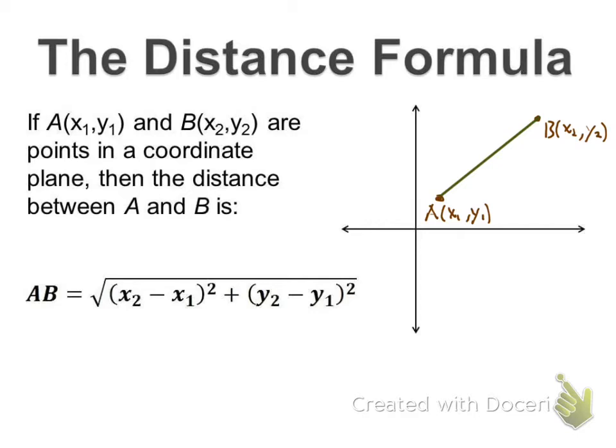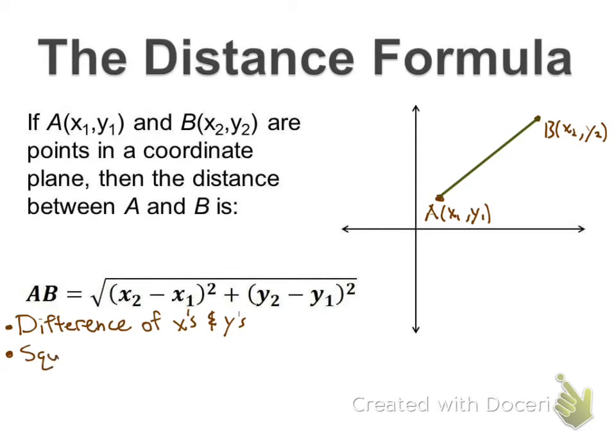So the first thing we actually do is we find the difference of the x's and the difference of the y's, because I'm subtracting x2 from x1, y2 from y1. So I'm subtracting, I'm getting a difference. The next thing I do after that is I square them. Notice the squared that's there.